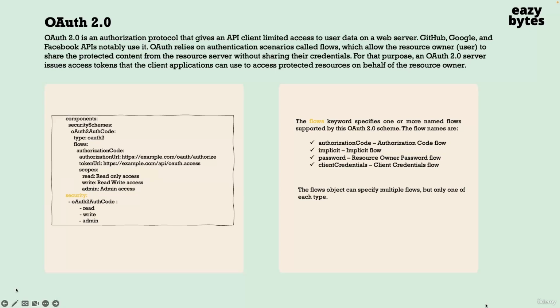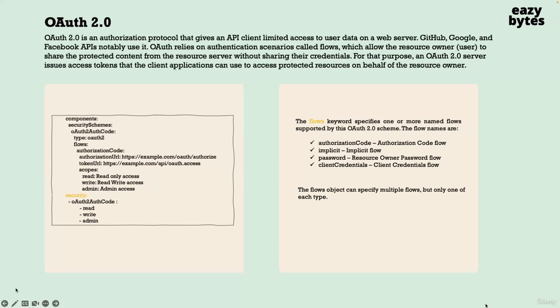Whenever you give this consent, the third-party web application will land you on the login page of Twitter. Here, you as an end user or the resource owner have to enter your own credentials, and once you enter the credentials into the Twitter login page, it will provide an access token to the third-party web application.